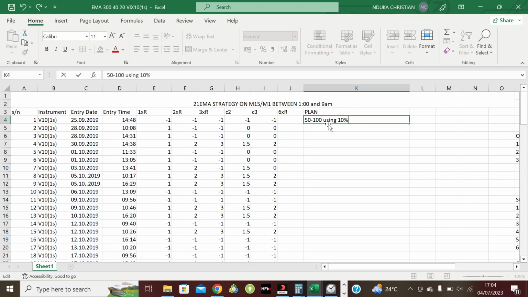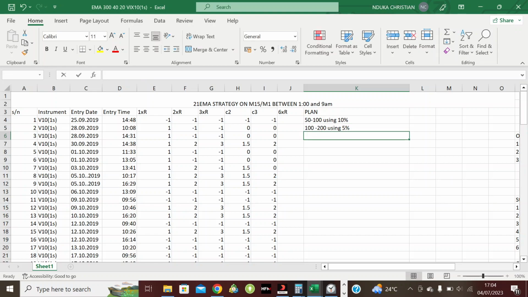Then the second thing now is taking this 100 to 200 using 5% risk. That's how I'm going to be doing it. Between 100 and 200, I'm going to be risking $5 per trade. Between 50 and 100, I'm still going to be risking $5.